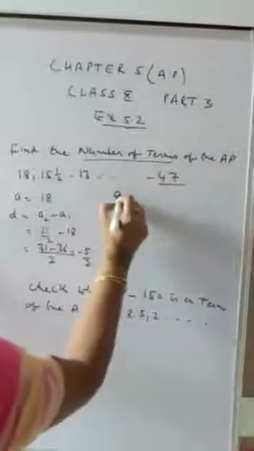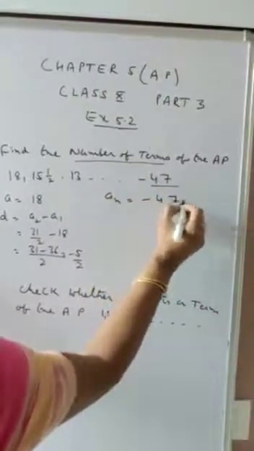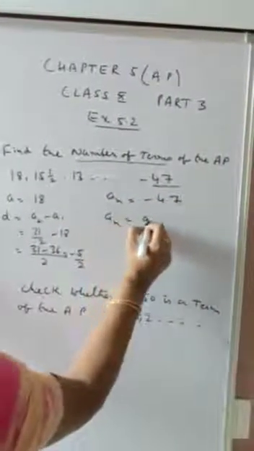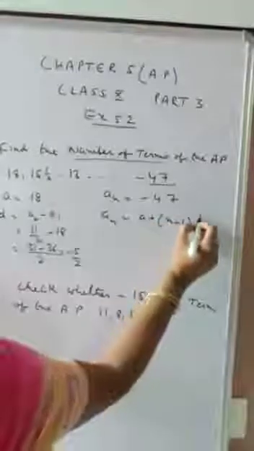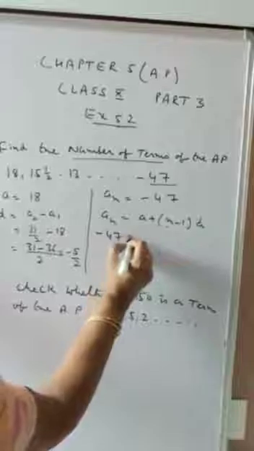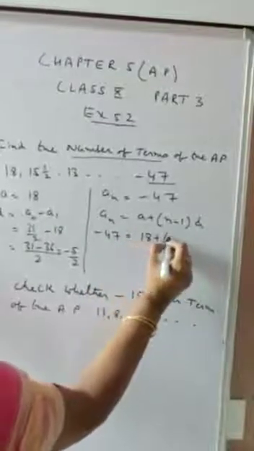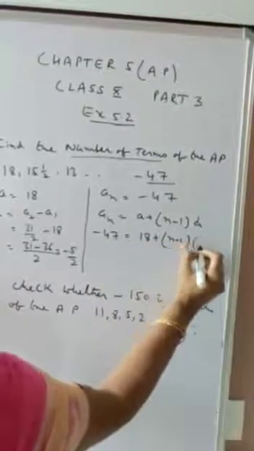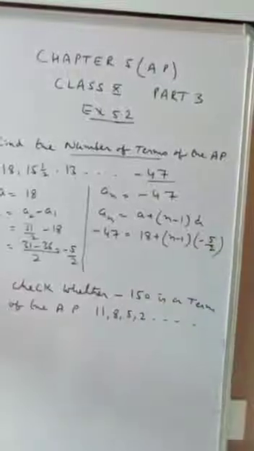And an is minus 47. Now using the formula an equals a plus n minus 1 into d, a is 18, n unknown, and d is minus 5 by 2.